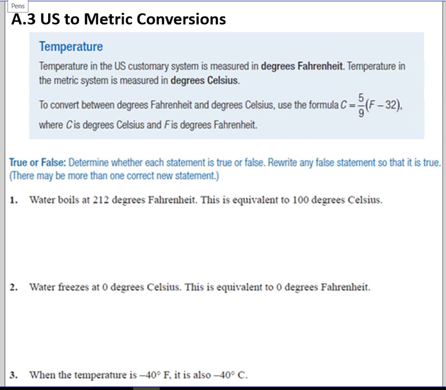Water boils at 212 degrees Fahrenheit. This is equivalent to 100 degrees Celsius. So let's plug in those numbers. C equals, so we'll do 100 equals 5/9 times the temperature in Fahrenheit, which is 212 in the story problem, minus 32.